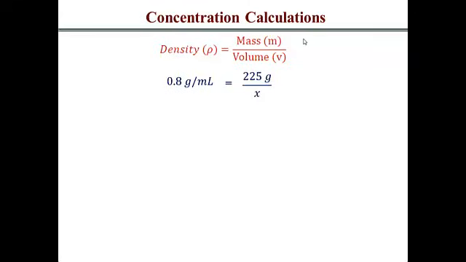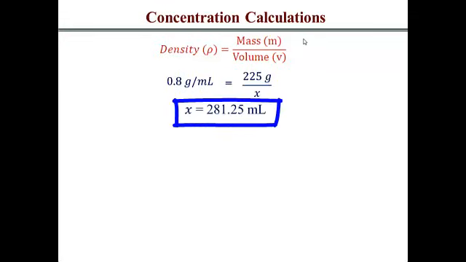So you solve for your x and you end up having 281.25 milliliters. So it's going to be this volume in our total quantity of preparation, which was given, and then we will be able to determine what the percentage strength is.